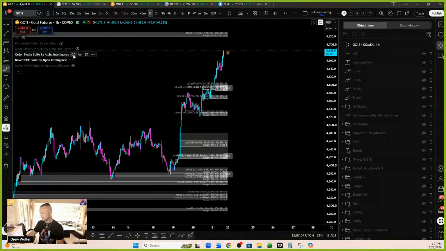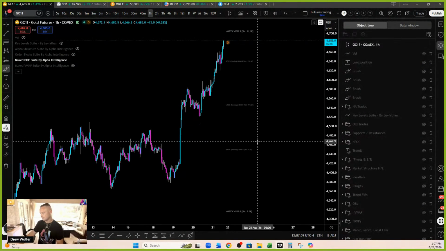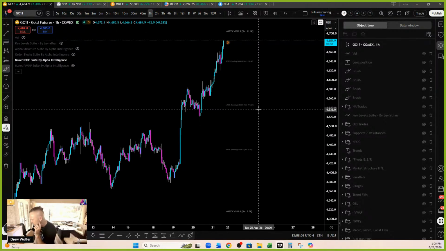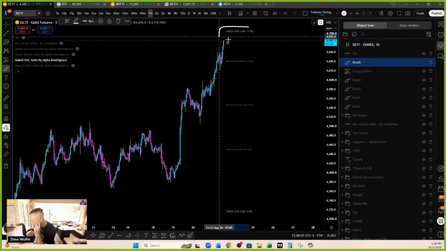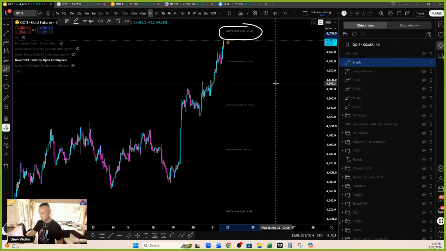There's a second naked level that you need to take into account. That is called the naked POC. The naked POC is called the point of control. Now, I'm going to pop this up on the screen. I'm going to show you what that means, all right? So the naked POC level, we're going to take order blocks off for now. The naked POC levels, dude, you've got a naked weekly POC right above you. Literally right there.